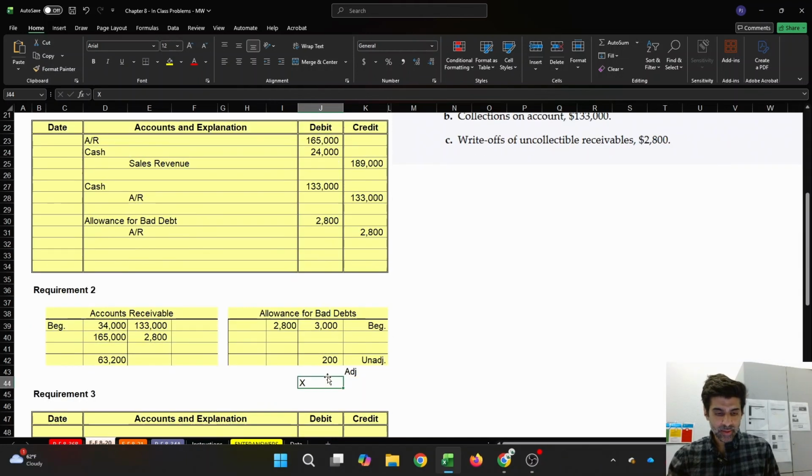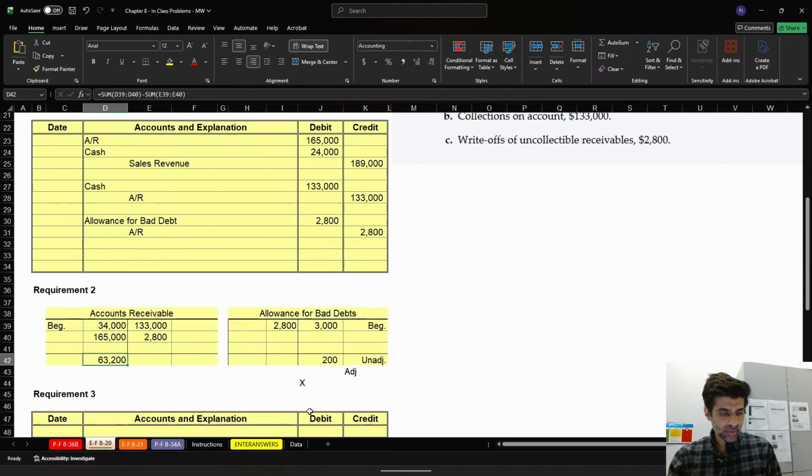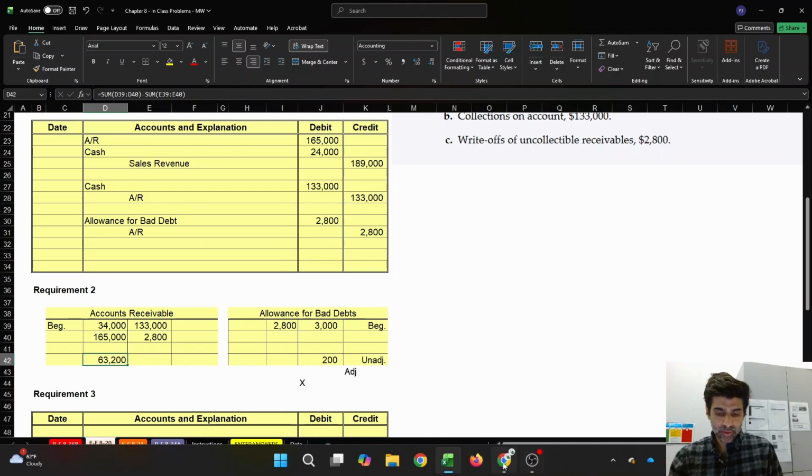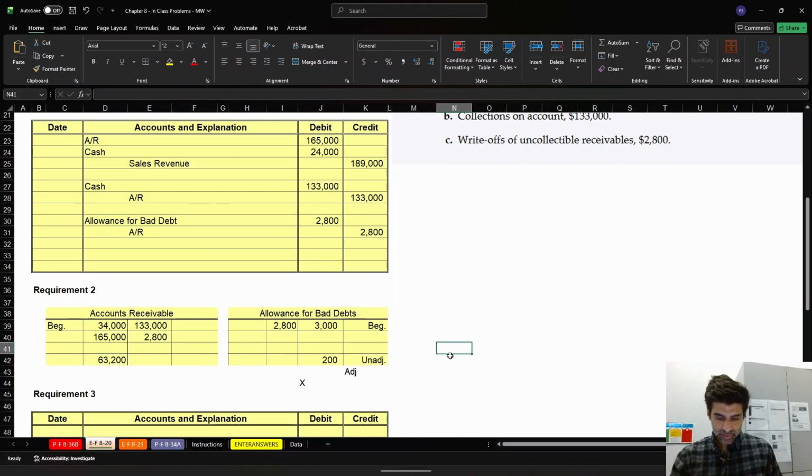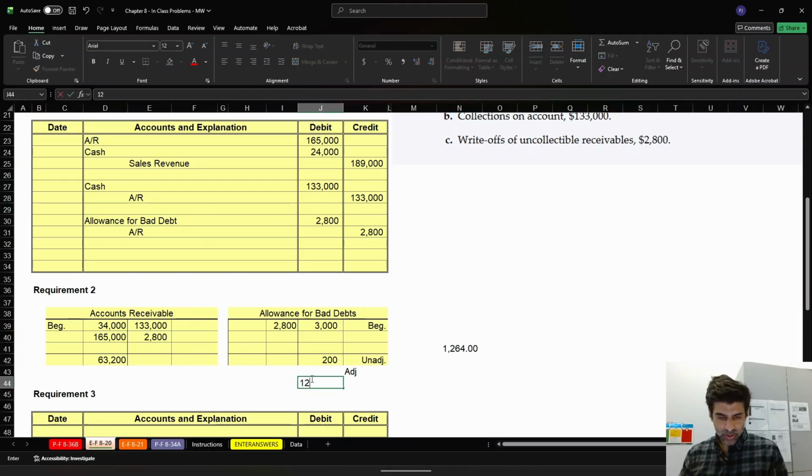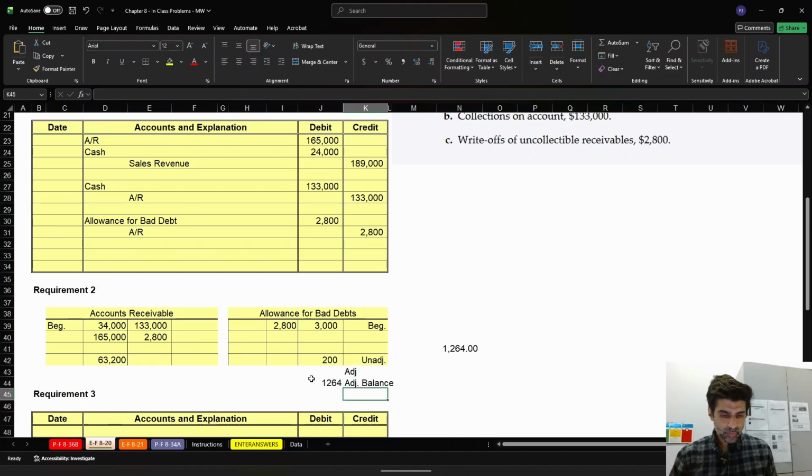So what is the balance? 63,200, and what is 2% of that? This times 0.02 is 1,264. That's going to be our target balance. This should be our ending, adjusted balance.